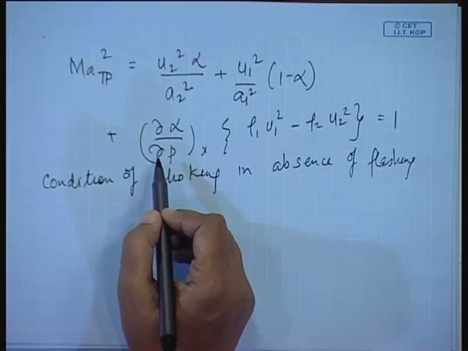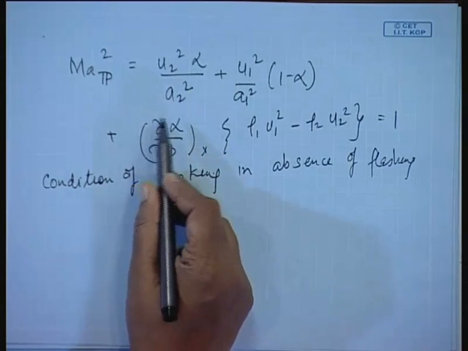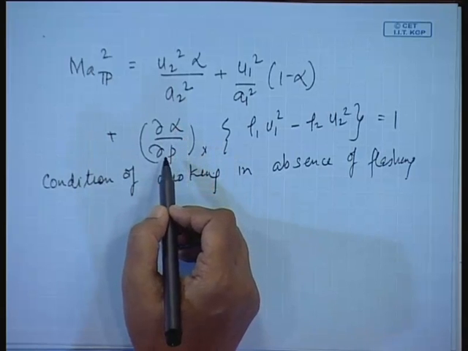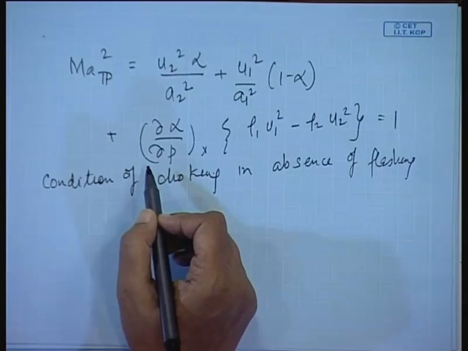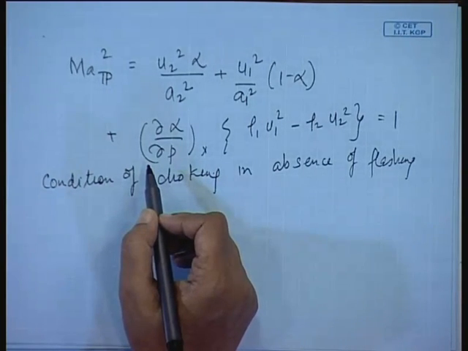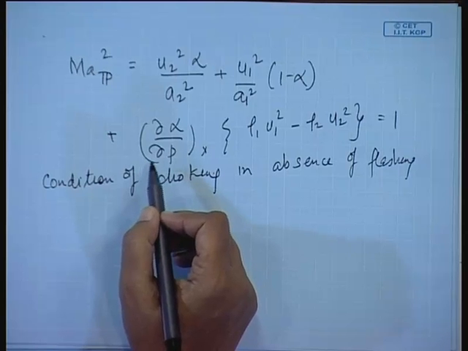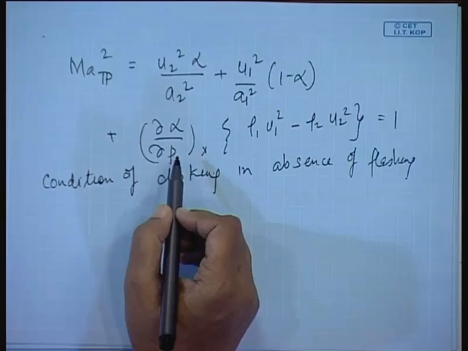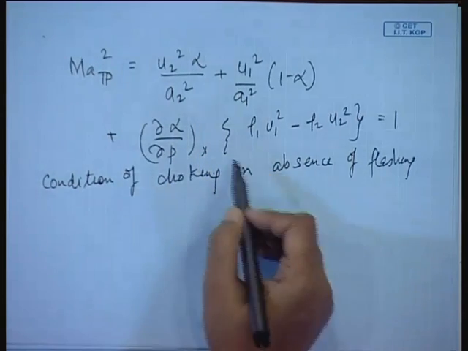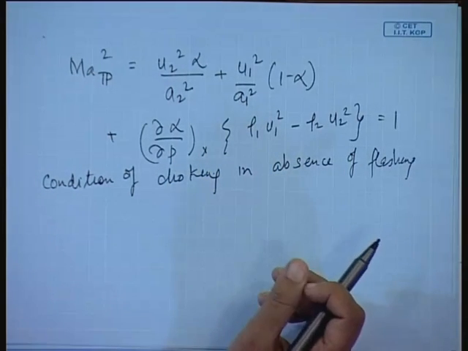This differential is usually derived from correlations which are obtained at moderate values of pressure gradient, which means when the frictional forces dominate the inertial terms. When frictional forces dominate the inertial terms, naturally alpha is not a very strong function of p. Therefore, in that particular term, this equation is slightly misleading.